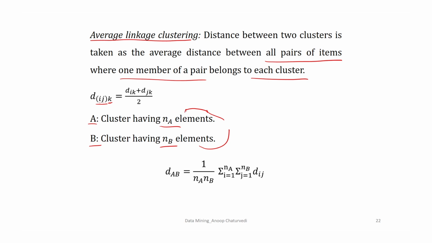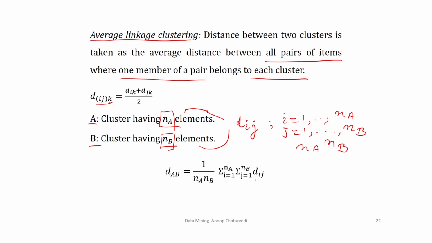So, suppose you take the element i from cluster A and j from cluster B, then we consider the distance d_ij, and then in cluster A you have in all n_A elements, and in cluster B you have n_B elements. So, we take i equal to 1 to n_A, j equal to 1 to n_B, and in all you get n_A times n_B pairs.